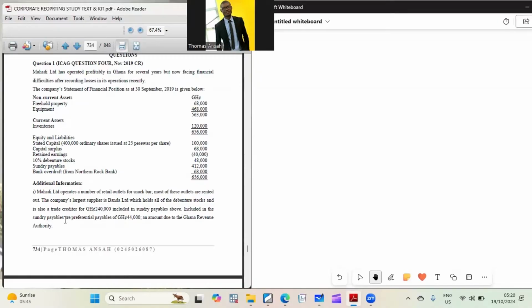Included in the sundry payables are preferential payables, 440, an amount due to GRA. So you see, it is preferential. The question didn't need to say it because GRA is secured. Another word for secured is preferential.